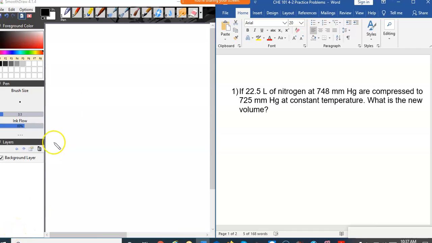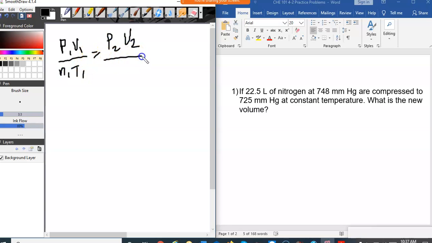So again, remember for the gas problems, there is the combined gas law, P1 V1 over N1 T1 equals P2 V2 over N2 T2. Depending on the question, you might not have to use all these variables.